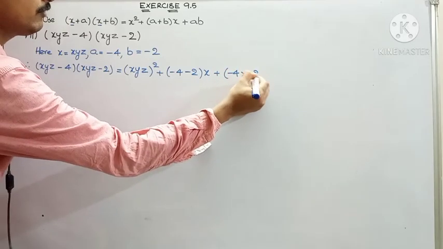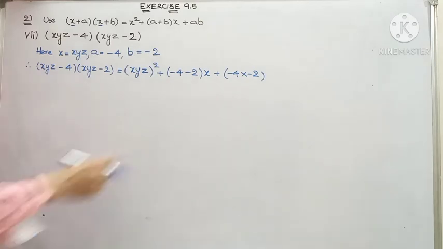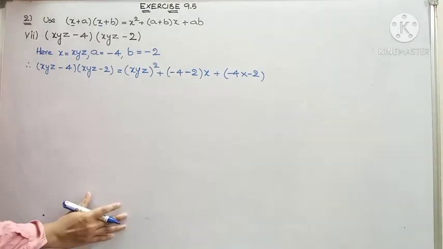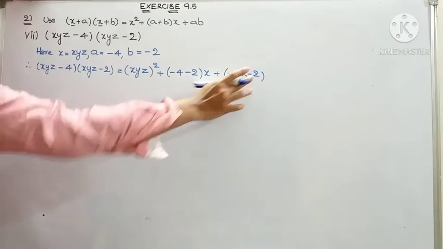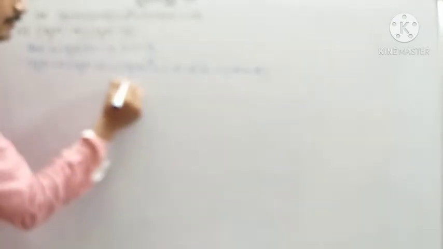Please be careful whenever you encounter questions with minus, children. Now look. (xyz)² is x² y² z², individual squaring of the terms in that multiplication.